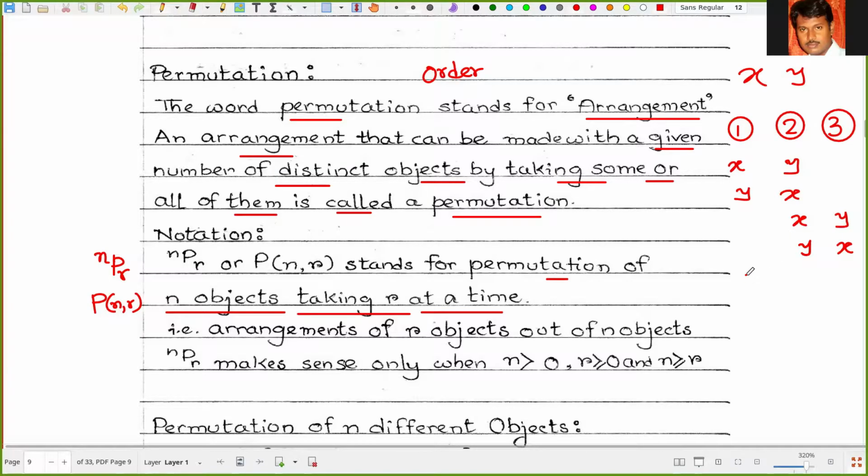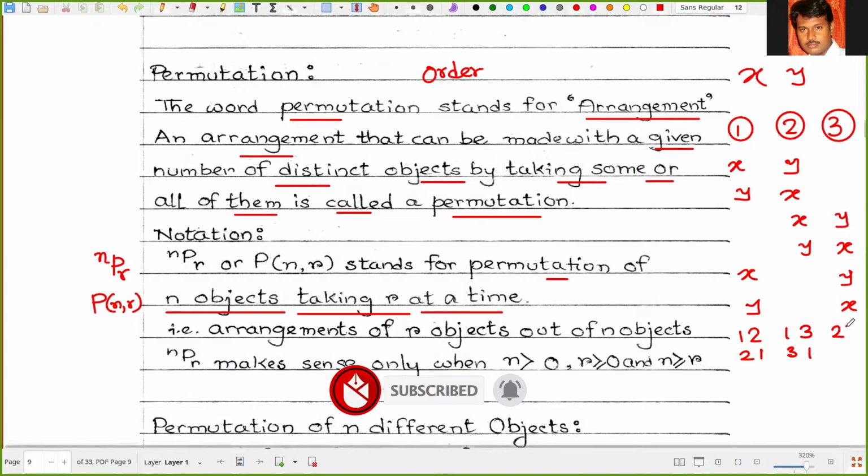Another choice may be X is on 1 and Y is on 3, or X is on 3 and Y is on 1. So we can check here that the arrangements can be 1 2 or 2 1, 1 3 or 3 1, or 2 3 and 3 2. So there are 6 ways.